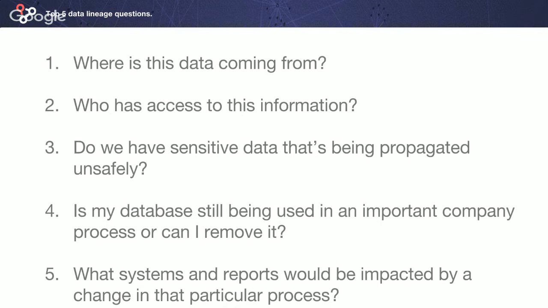I need to understand the particulars of the reports and systems that rely on that process to be able to make a smart decision. So these are the top 5 data lineage questions that we hear from customers, and they can be very challenging for organizations who have not yet put in place an effective data lineage initiative.